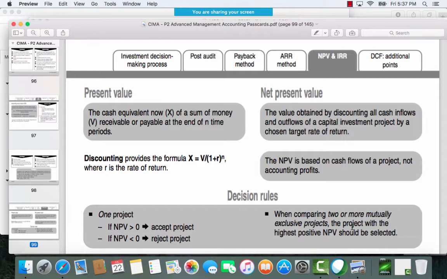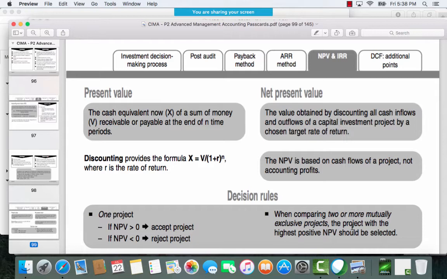Now, if you're not familiar with discounting factors, how to calculate net present value and the IRR, I strongly recommend at this point that you do some homework on this. You need to know how to calculate net present value and internal rate of return, because not that they will ask you this, but you will have to interpret this.